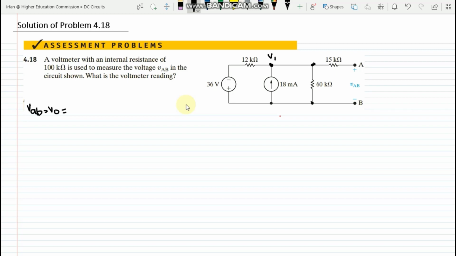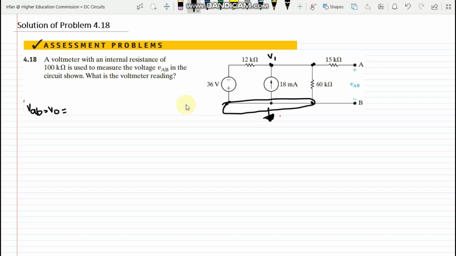Let me call this node V1 and use this overall node as the reference node. You can also use the same equivalent circuit which I drew in the questions related to the node voltage method, but I'm not drawing it here because I have to preserve time for the other steps.